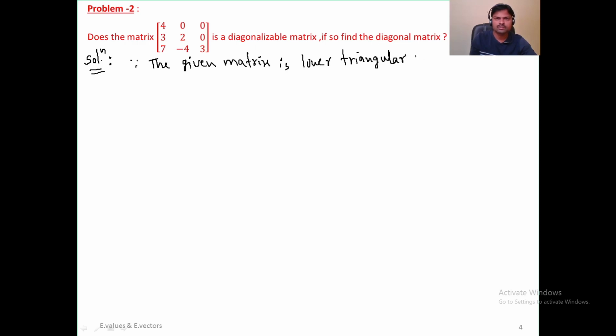Therefore eigenvalues are the diagonal elements.